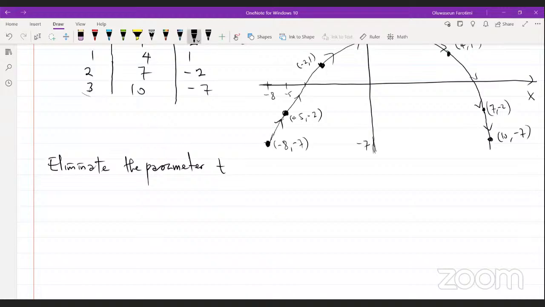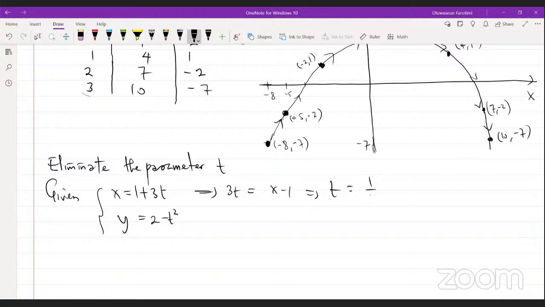Now, 10.1 is fun, guys, just something to play around with. So what are we given? We're given x equals 1 plus 3t and y equals 2 minus t squared. I need to get rid of t. I'm going to do the same thing as before: make t the subject of the formula. And t is going to be 1/3 (x minus 1).